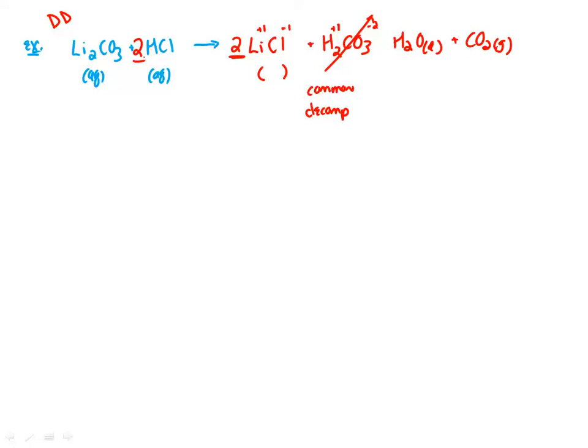Why does there have to be a 4 anywhere? I've got 2 lithiums and 2 lithiums. I've got a CO3, well, I've got CO2 plus an oxygen from that one. I've got 2 hydrogens and 2 hydrogens and 2 chlorines and 2 chlorines. So it's balanced the way I wrote it.